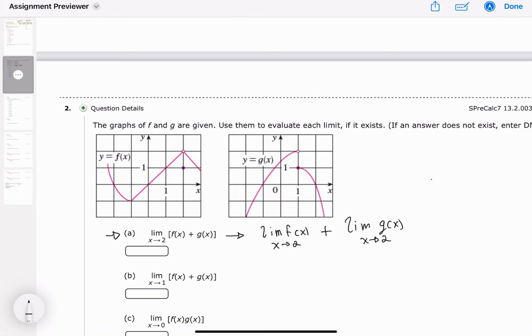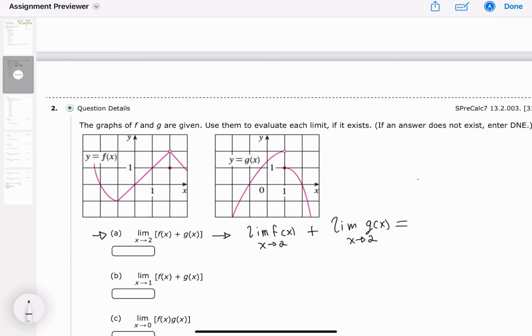Because if I find each limit individually, I can actually do it with these graphs. Okay? If I find only the limit here, I have the graph for it. Or if I want to find a limit here, I also have the graph for it. So that's why I'm using that first property, okay, to be able to find each limit. And then after finding each limit, I will just add them up.